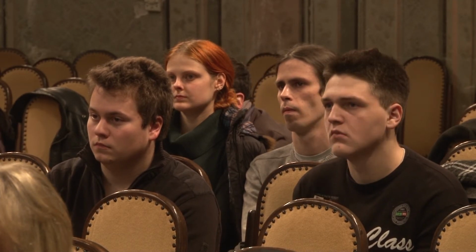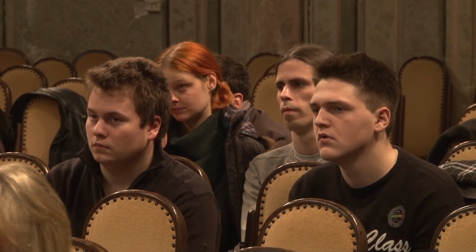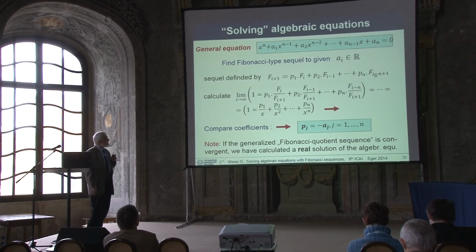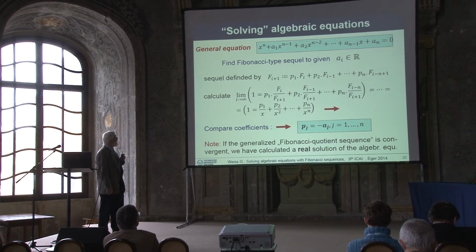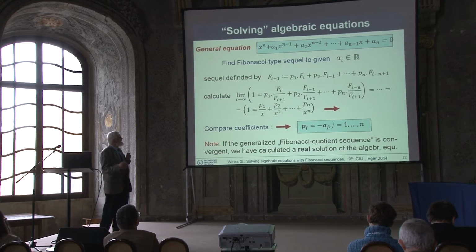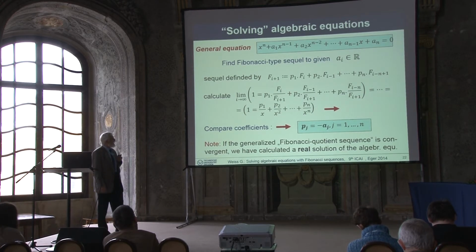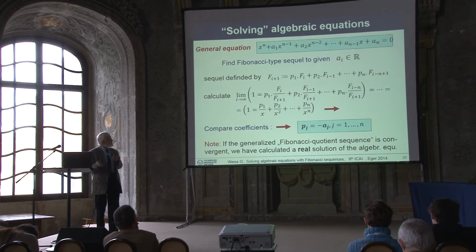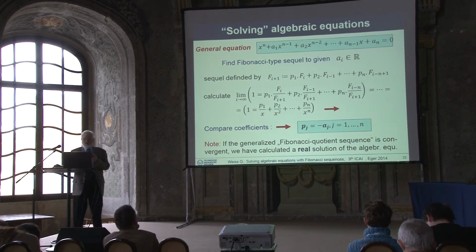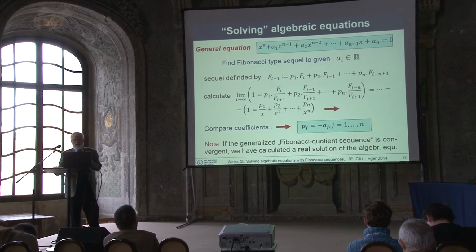You have to have n such consecutive numbers. And again, if you calculate the limit of this expression, you find that it is just p1 over x plus p2 over x squared, and so on. So we again find that the coefficients p_j are minus a_j by comparing the coefficients.